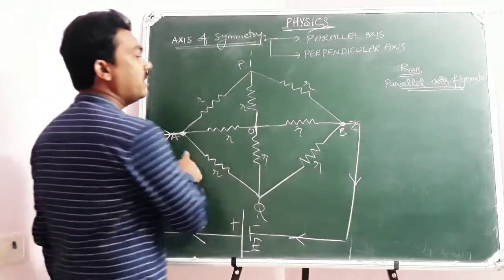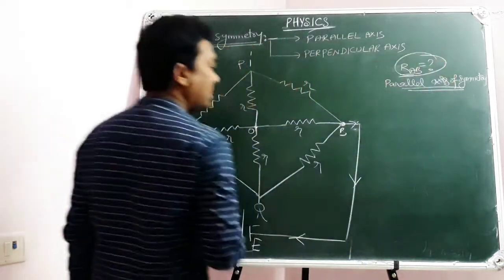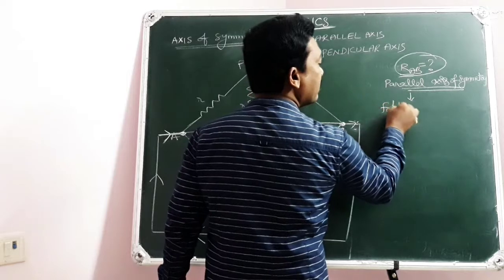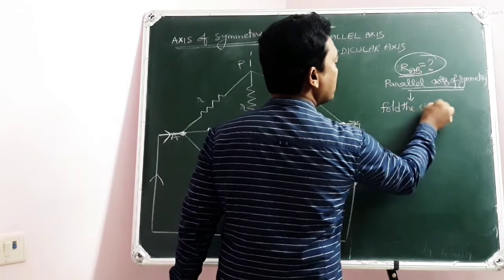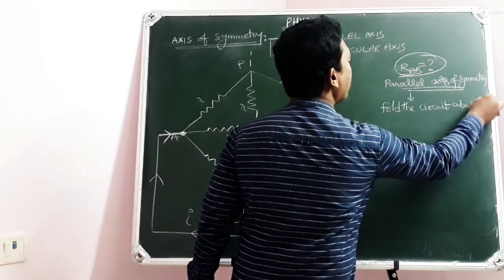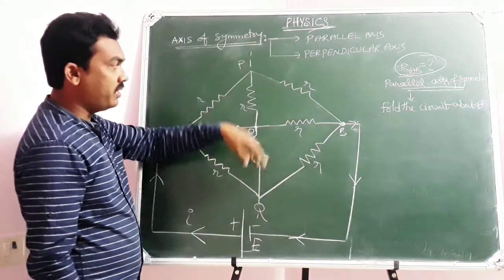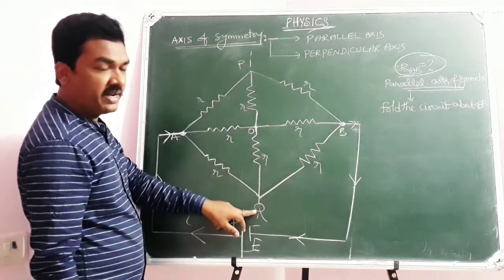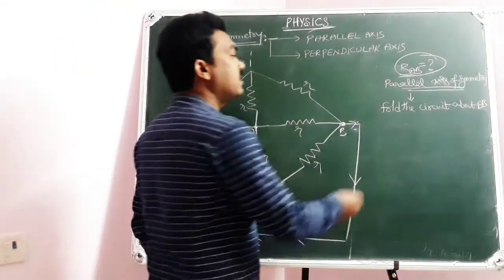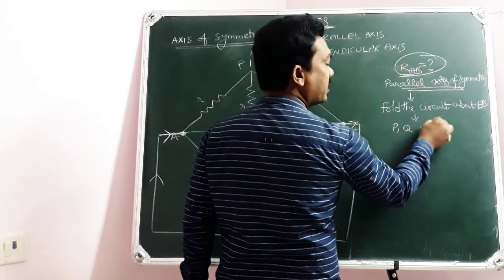While calculating the equivalent resistance across AB, if you fold the electric circuit about AB, then P and Q will be at the same potential.